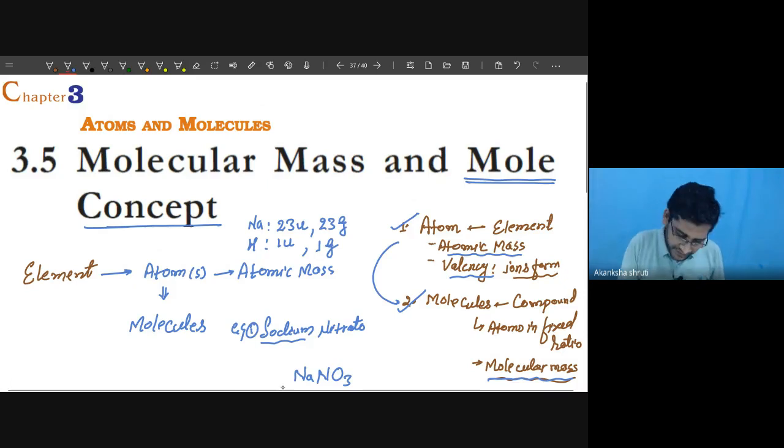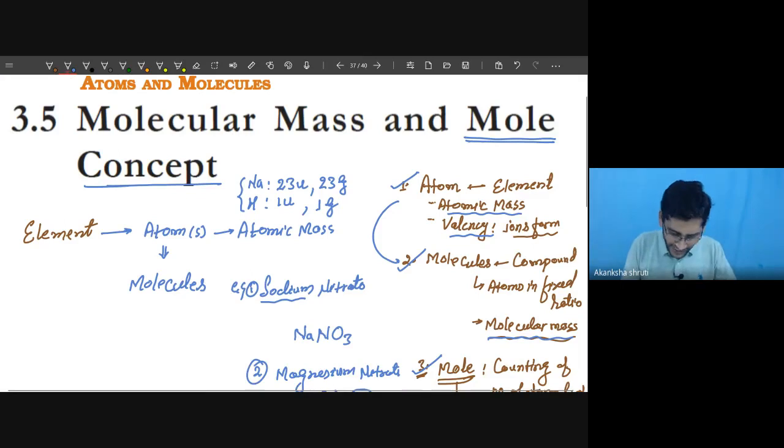Now we have learned another important concept, that molecules are formed by combining atoms to satisfy their valency, to attain the stable state near to their noble gas. Okay, considering that, water has the formula H2O.